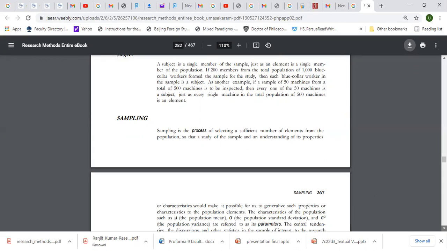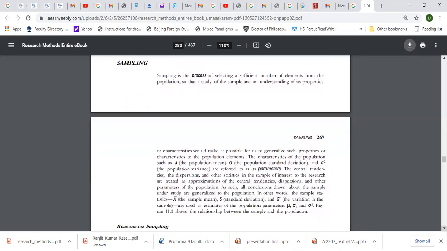Okay, sampling. What is sampling? Sampling is the process of selecting a sufficient number of elements from the population so that a study of the sample and an understanding of its properties or characteristics would make it possible for us to generalize such properties or characteristics of the population element.